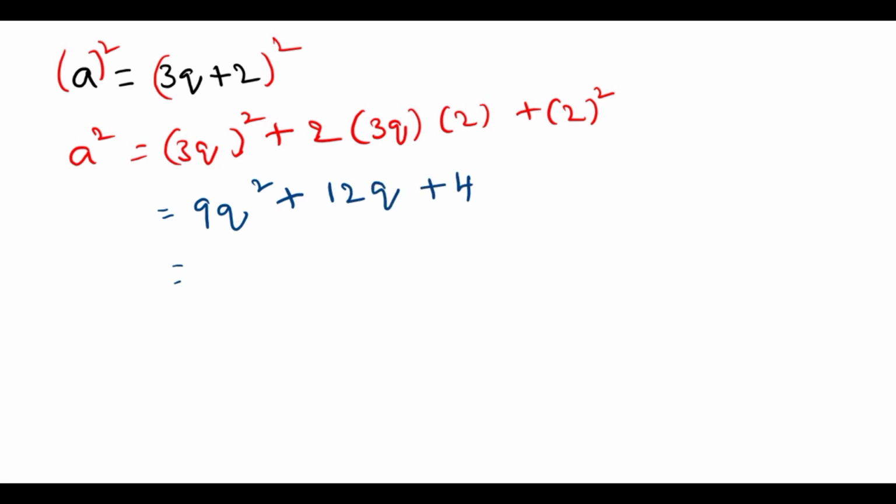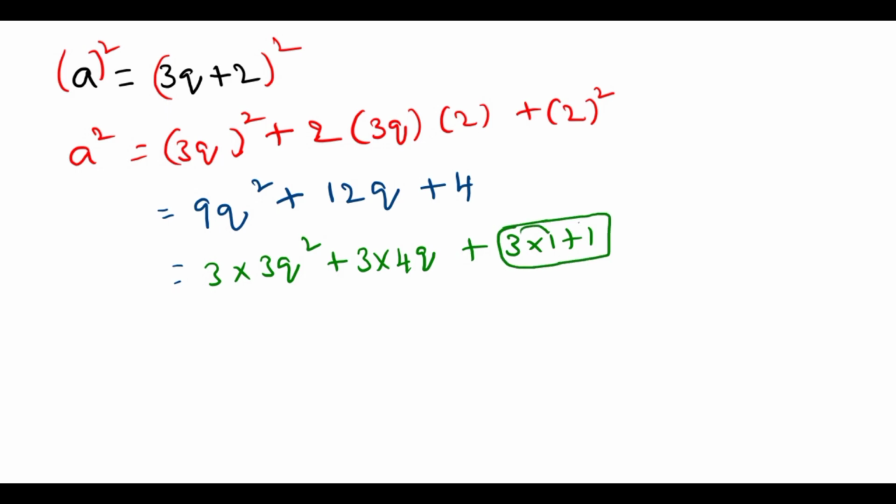And if you write this in multiples of 3, 3 into 3q square, 3 into 4q, and this 4 we write as 3 into 1 plus 1, correct? Just focus on this: 3 into 1 is 3, 3 plus 1 equal to 4. Now I am going to take 3 as common, then inside the bracket I will get 3q square plus 4q plus 1.